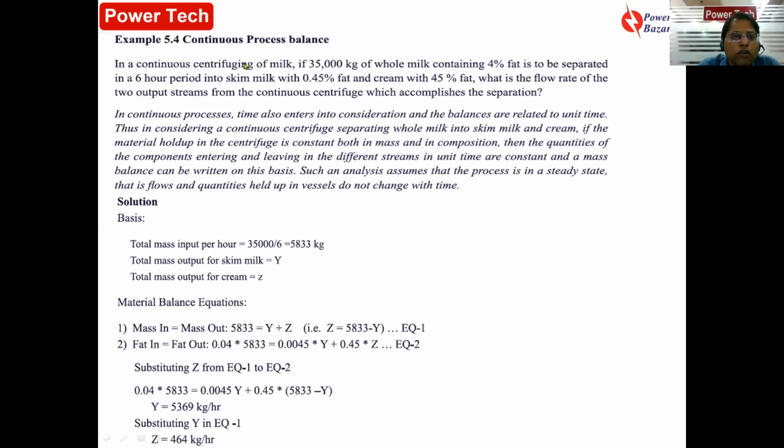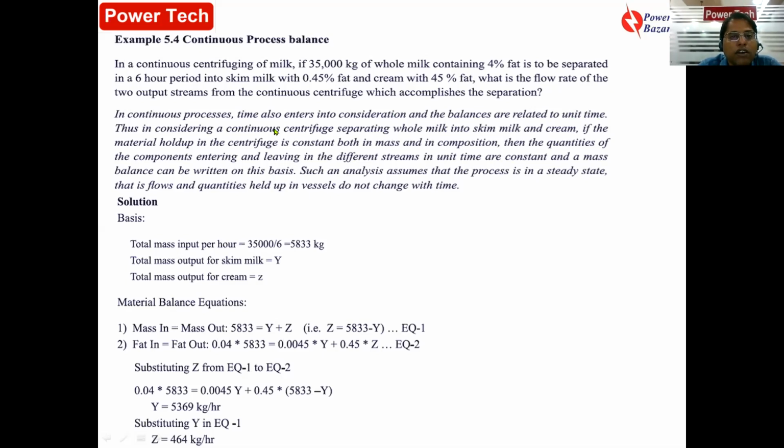Now, is this a continuous process? Yes, we can assume it is a continuous process. In case of mass balance, we assume the rate of input is equal to the rate of output. Remember this one: in a continuous process, time also enters into consideration. The balances are related to unit time rate.